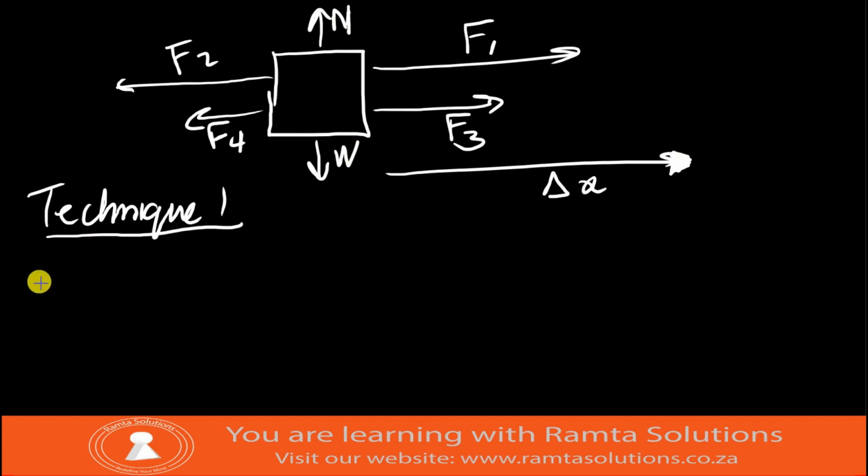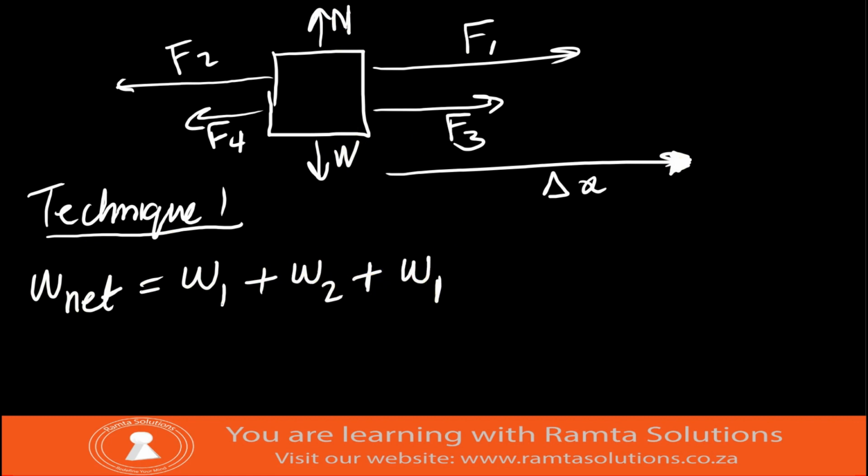So to find our net work, we can say it is equal to work done by force 1 plus work done by force 2 plus work done by force 3 plus work done by force 4, and so on.